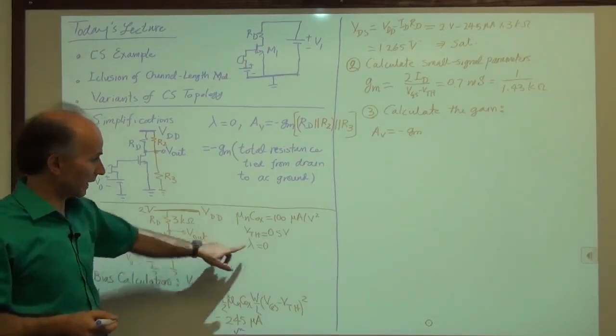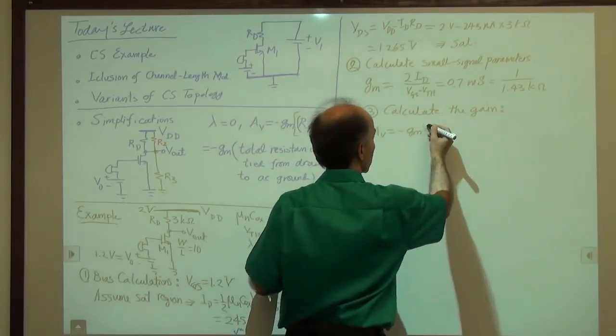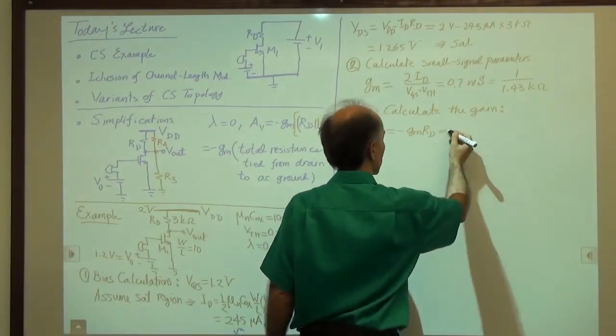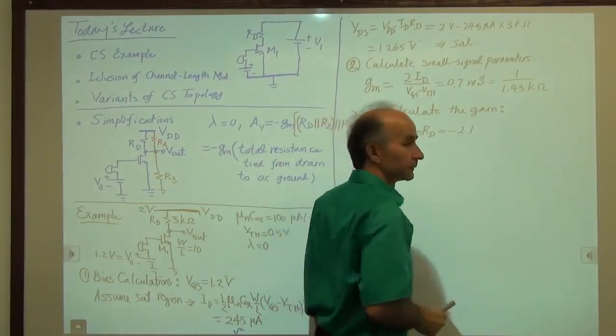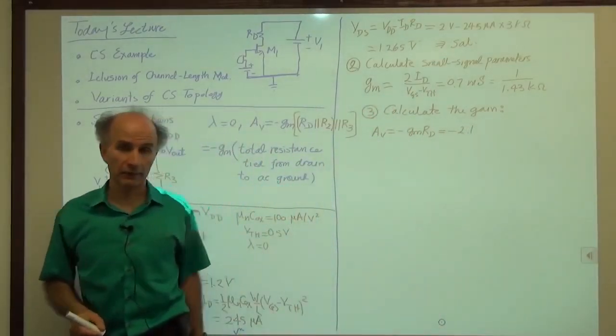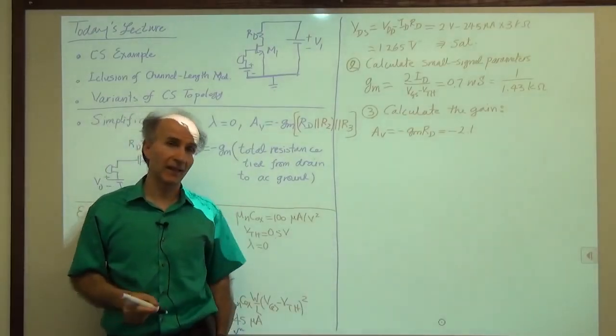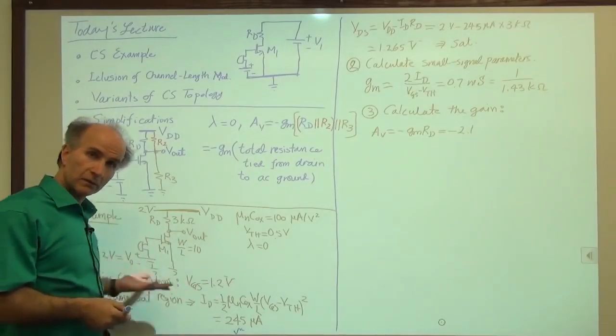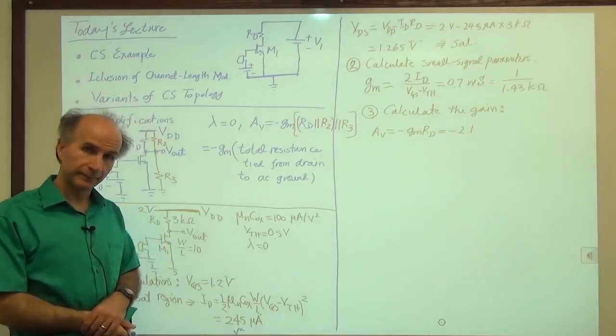We don't have anything else. Lambda is 0. So that's equal to GMRD. And that comes out to be minus 2.1. So the gain of the circuit is only 2. It's not a very good amplifier, right? We would expect to have a higher gain. But it just happened that with the choices that we have made here, the gain comes out to be only 2.